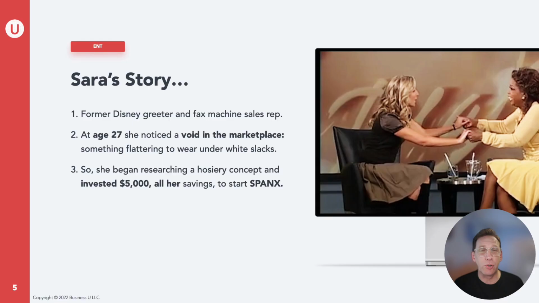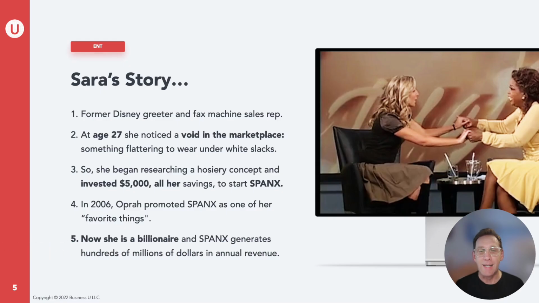So she began researching a hosiery concept and invested $5,000, all her savings, to start a company she called Spanx. In 2006, Oprah promoted Spanx as one of her favorite things. Now, Sarah today is a billionaire, and Spanx generates hundreds of millions of dollars in annual revenue.